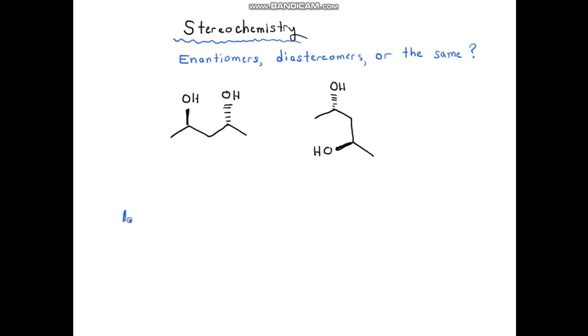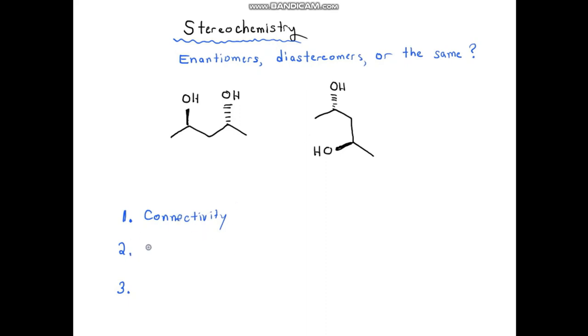Okay, so previously we said that there's really a three-step process to answering a question like this. Number one is you want to look for the connectivity. You want to compare the connectivity of each of these two molecules.